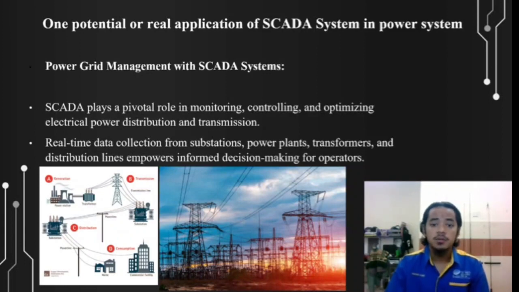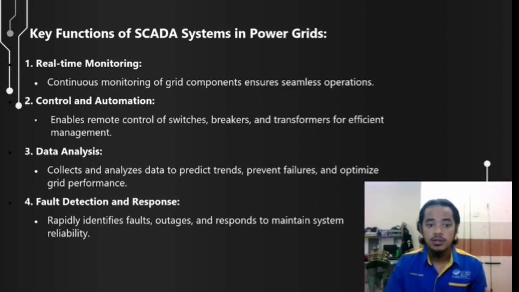The SCADA system also collects the real-time data from substation, power plant, transformer, and distribution line and powers informed decision making for operator. The key functions of SCADA system in power grid are, first, real-time monitoring, like continuous monitoring of grid components to ensure seamless operation.